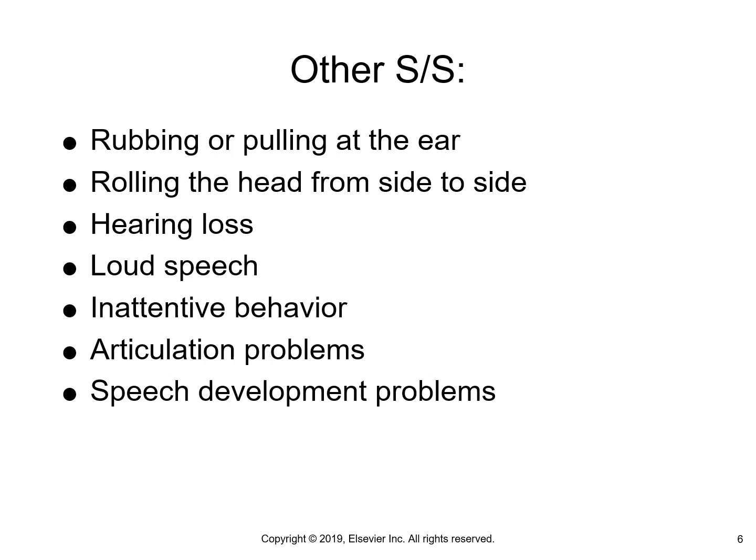They will have some rolling of the head from side to side. They will start talking loud because that hearing problem is going to start. Inattentive behavior, maybe articulation problems, and then speech development problems will also be signs and symptoms.